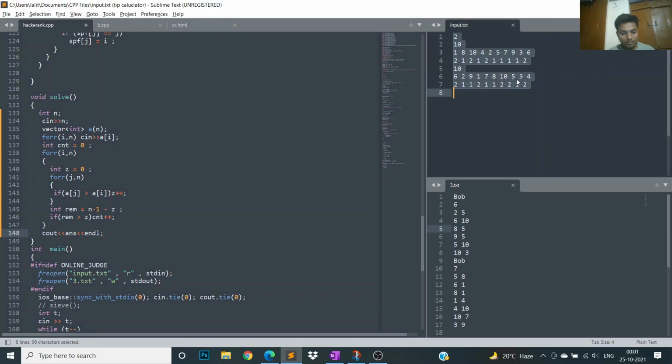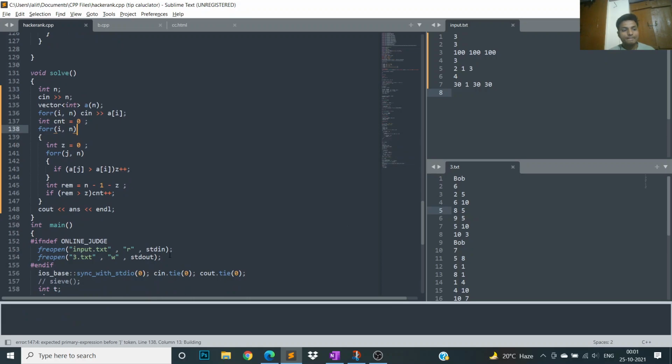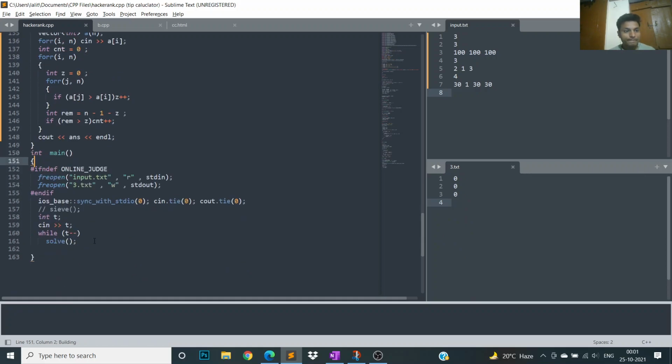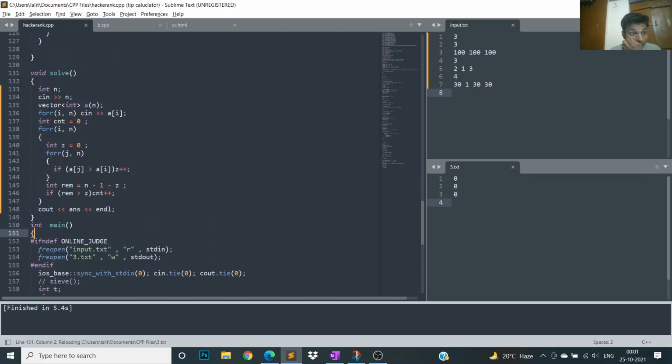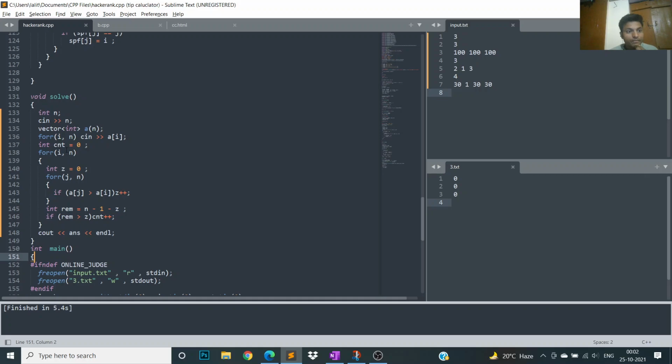Oh, what happened? So the vector A of size N, and count is equal to 0 and z is equal to 0.